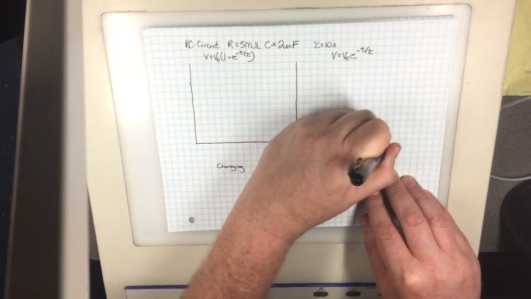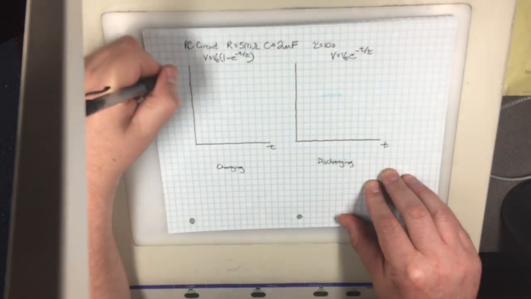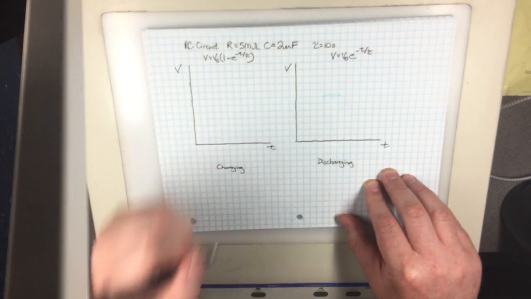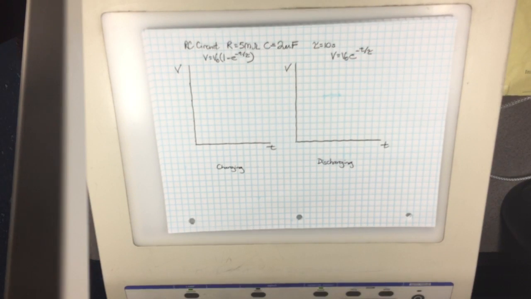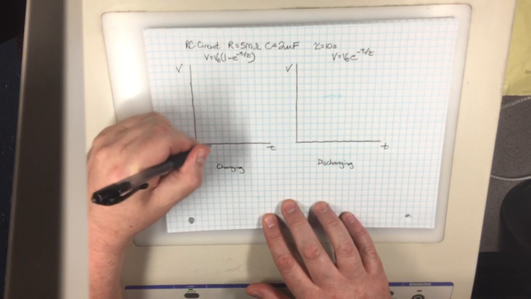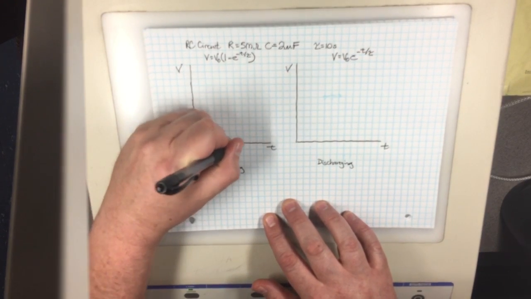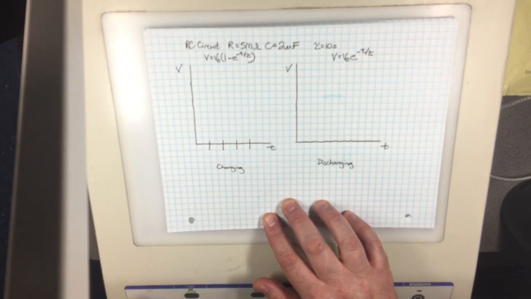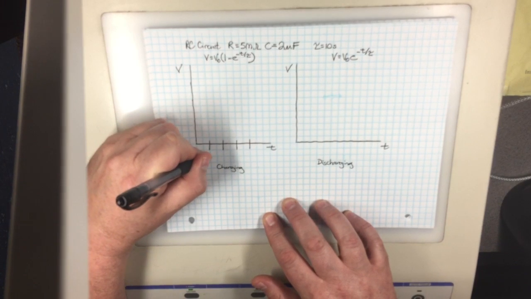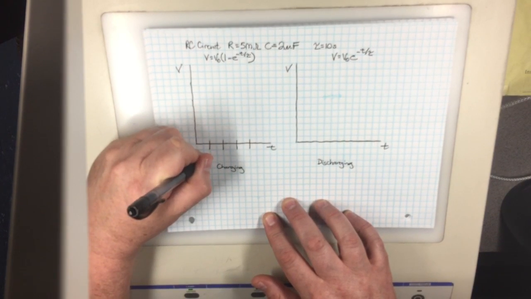The time is horizontal, V is vertical. And what I'm going to do is, we're going to power through these number-wise. I've got 9 minutes and I'm going to use them. Each block of 2 squares is 10 seconds.